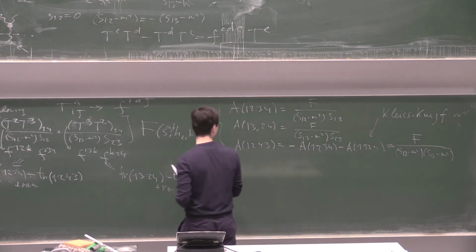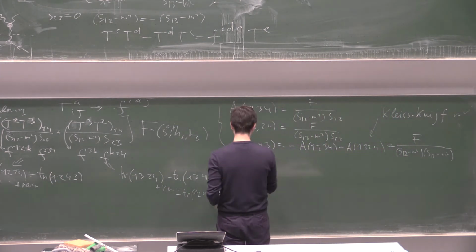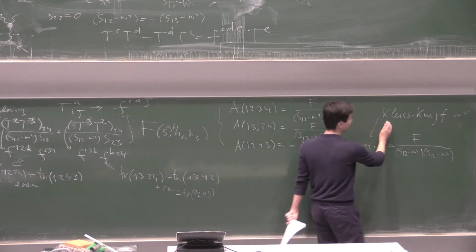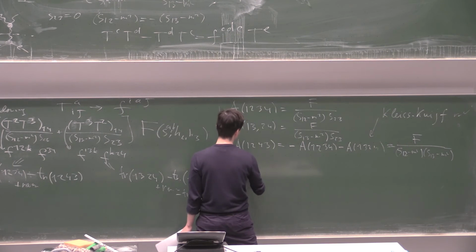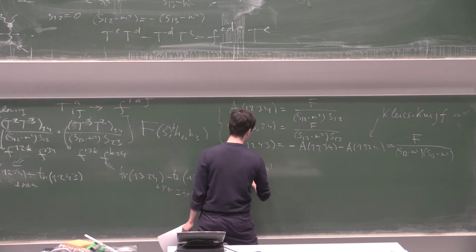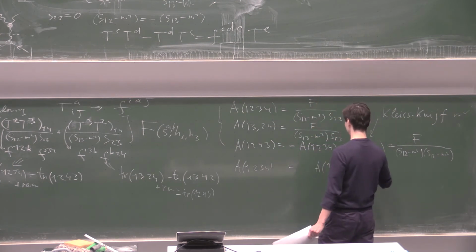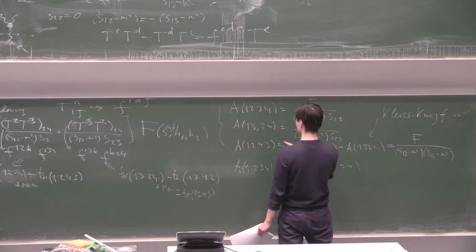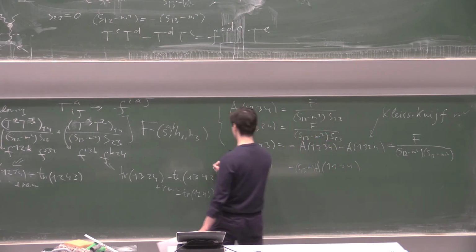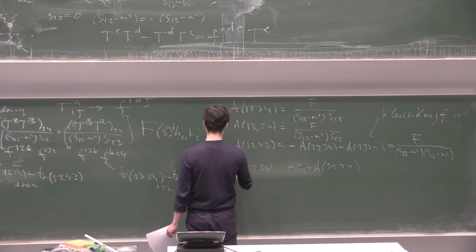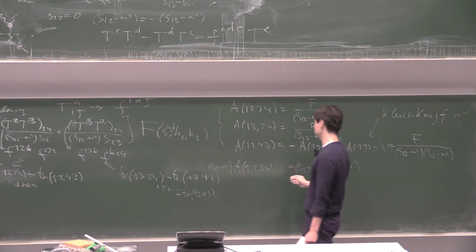But what I want to say here is that not only do we get the Kleiss-Kuijf relation, but we get a BCJ relation. 1, 2, 3, 4 equals 1, 3, 2, 4, S1,3 minus m squared over S1,2 minus m squared. You can just see that it works here automatically.